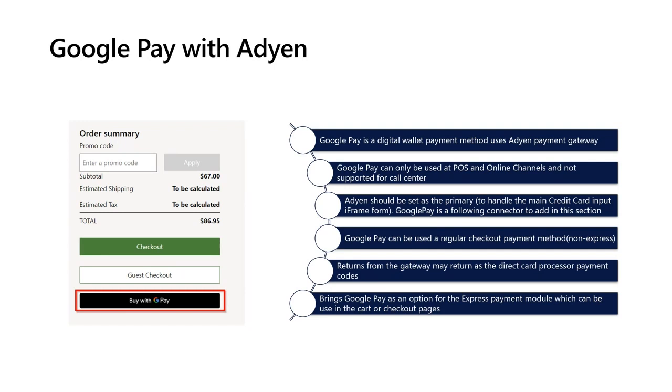For example, if you set it up as a MasterCard or Visa or whatever you have set up in the backend as a processor payment, return can be done on that. The payment issuer gateway, not Microsoft, controls how the processor payment codes are written. The payment processor mapping will control which card ID Dynamics assigns the return value to. That is how you set it up at the POS.